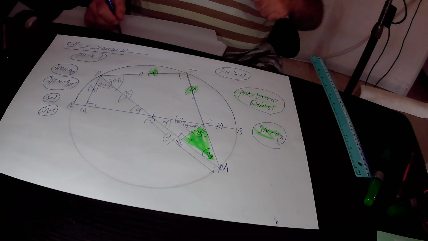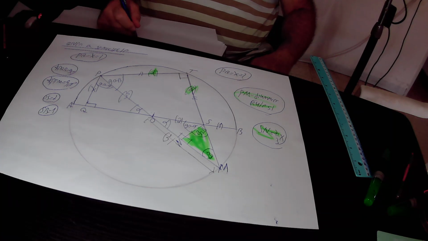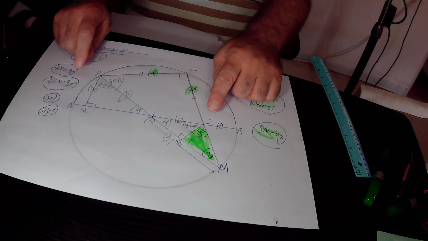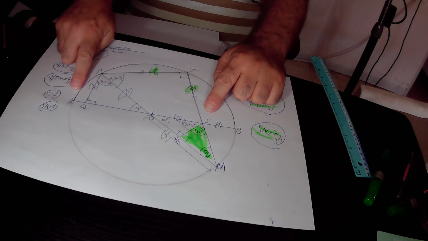SM is the missing side, so we leave it as it is. And it equals AS. AS in total equals AO plus OS. So AS equals AO. AO is the radius of the circle, that is 3, plus OS. OS is 2. So in total AS equals 3 plus 2, that is 5.